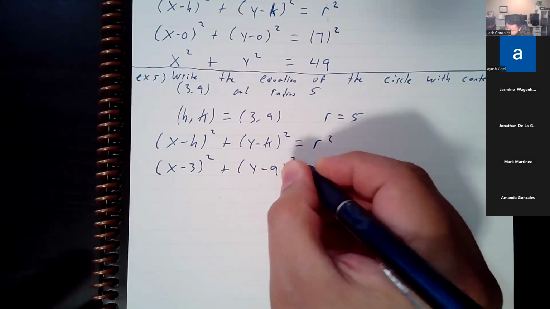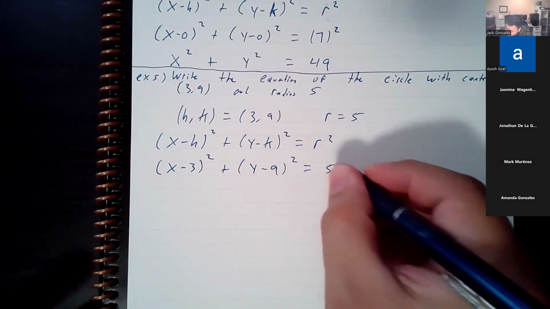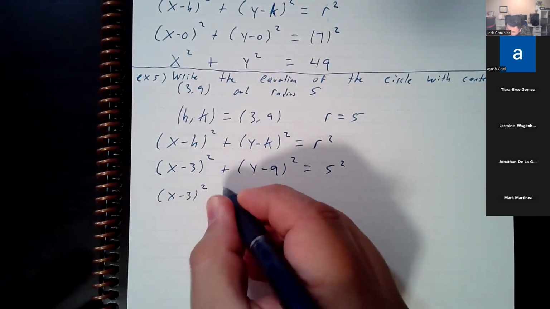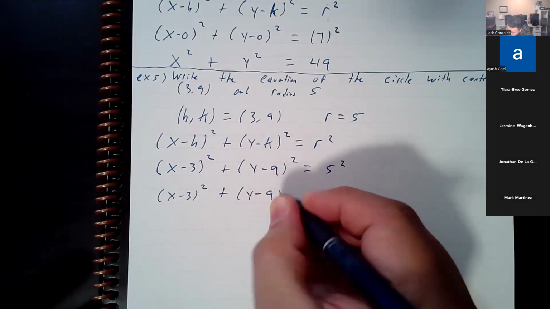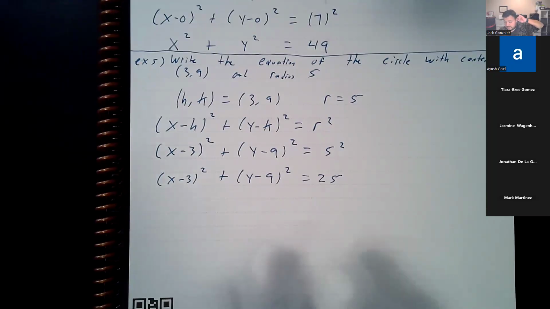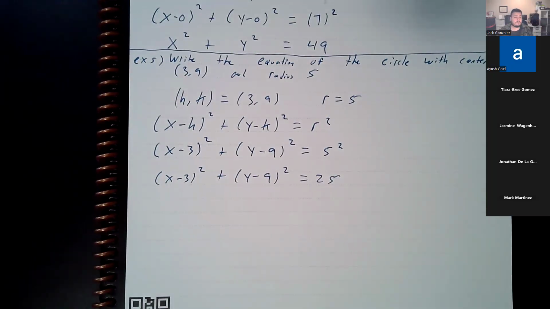Any questions about number 5? Nope, I think I'm following. So they want this. If you have the center and you have the radius, you're pretty much good.